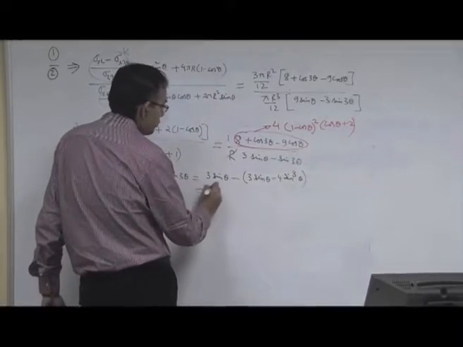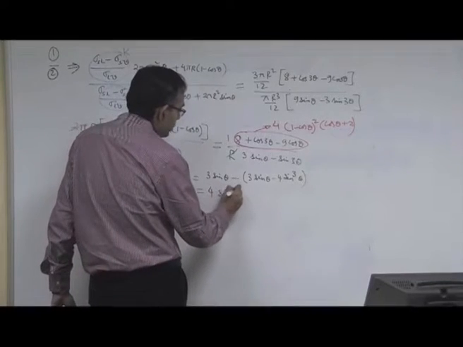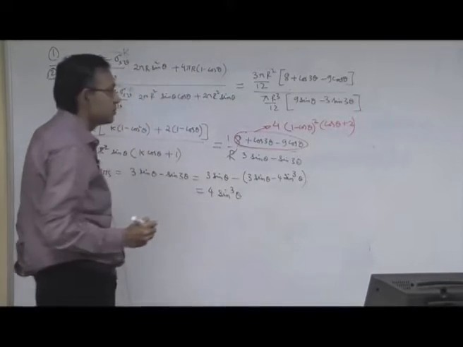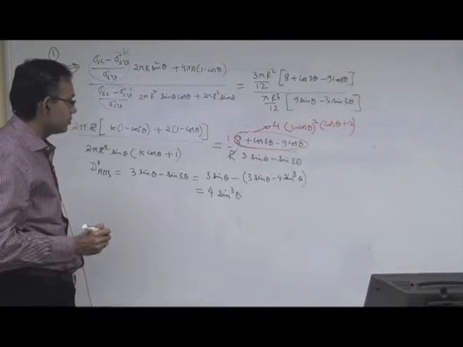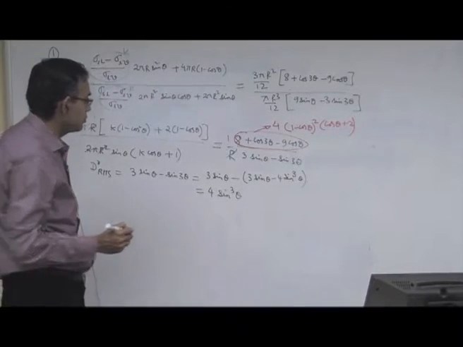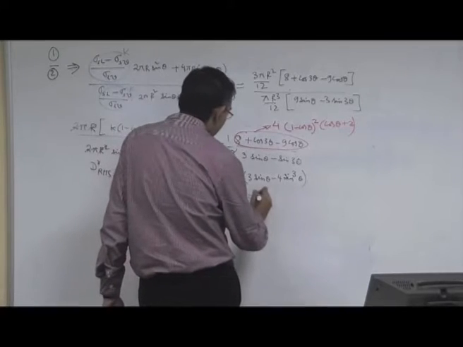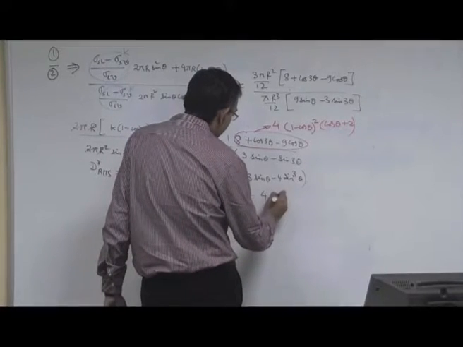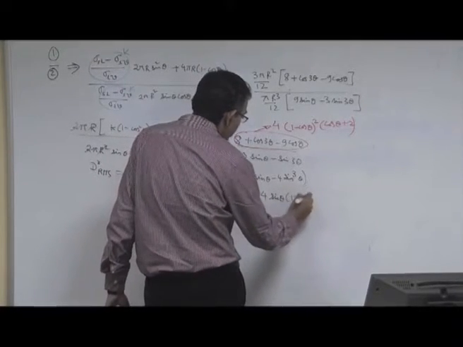So, this is 4 sin cube theta. So, this we can write 4 sin theta into (1 minus cos square theta).